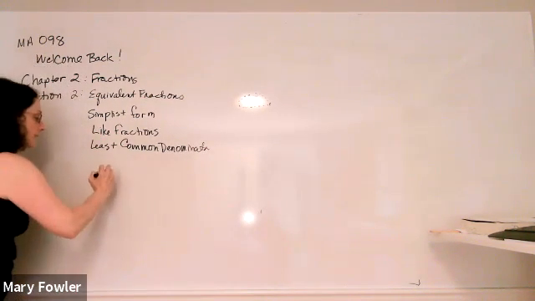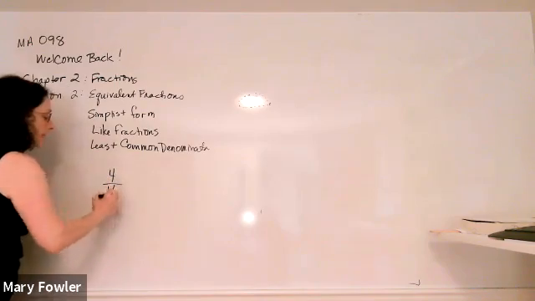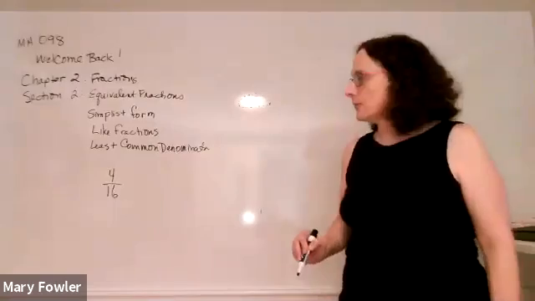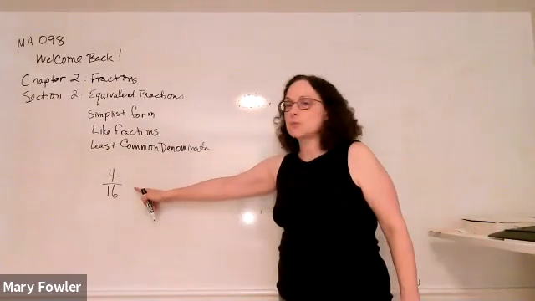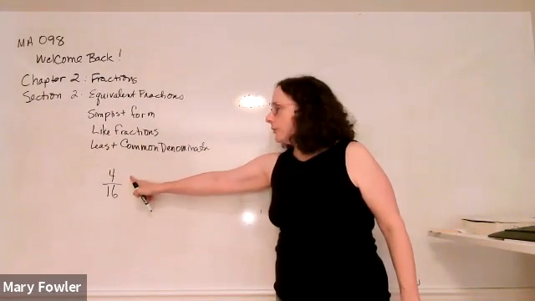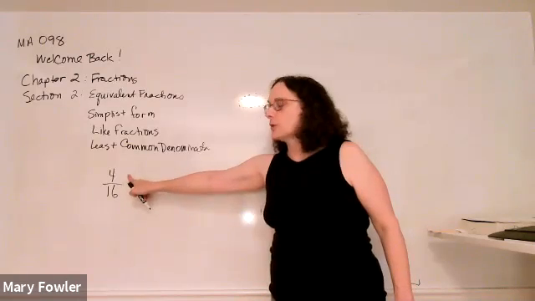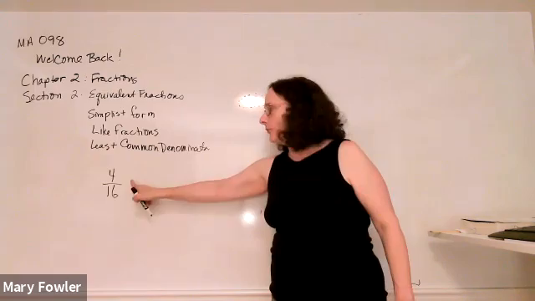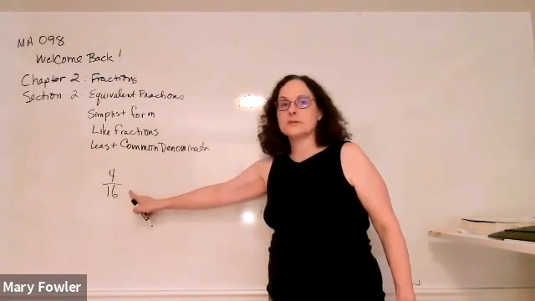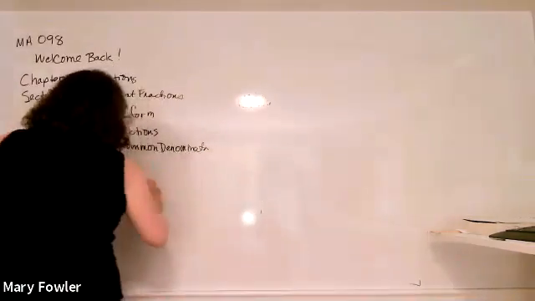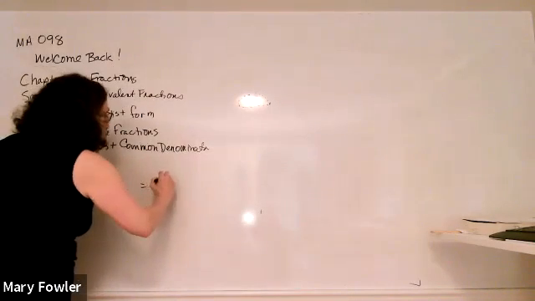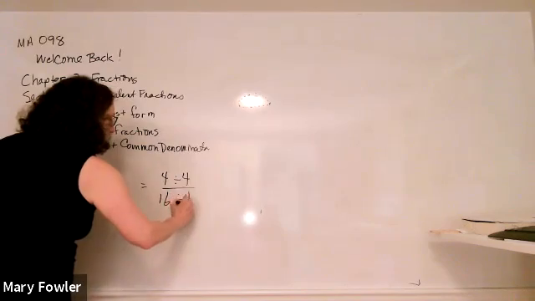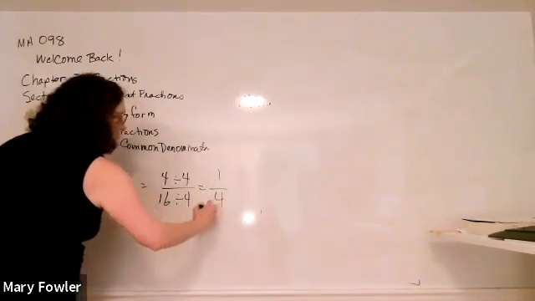For example, if we're asked to express 4/16 in simplest form, we want to look to see what the greatest common factor between the 4 and the 16 is. 4 goes into 4 and 4 goes into 16, so we write this as 4 divided by 4 over 16 divided by 4, so that's 1/4.